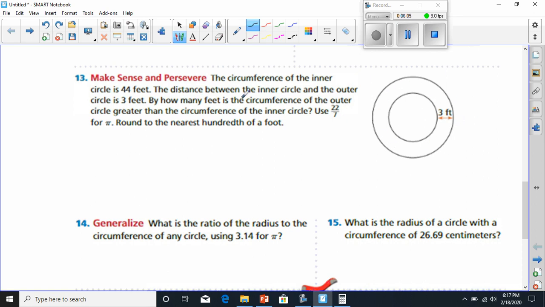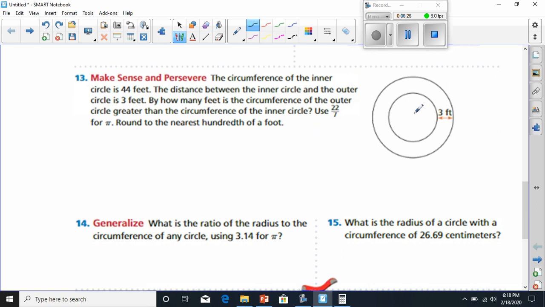By how many feet is the circumference of the outer circle greater than the circumference of the inner circle? We're going to use 22/7 as pi this time.